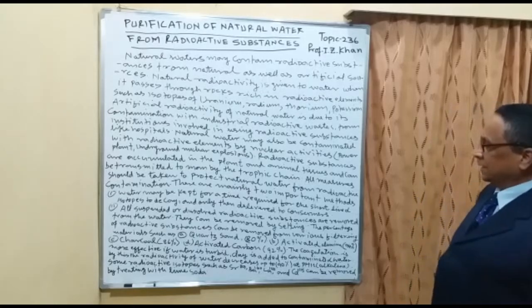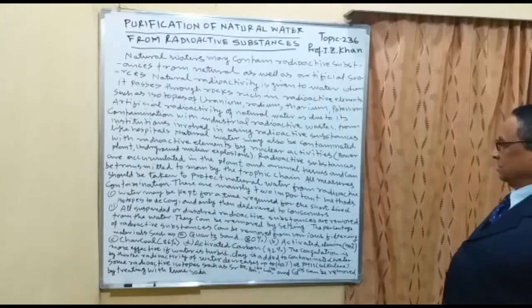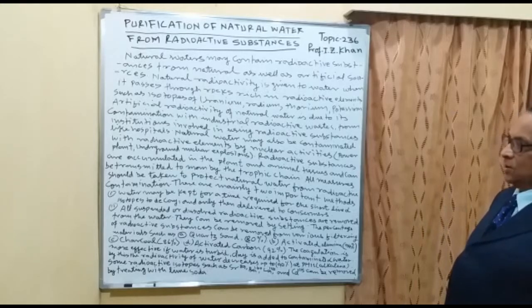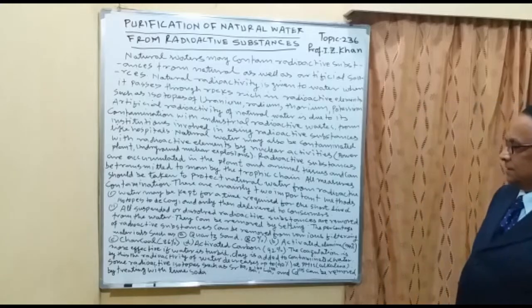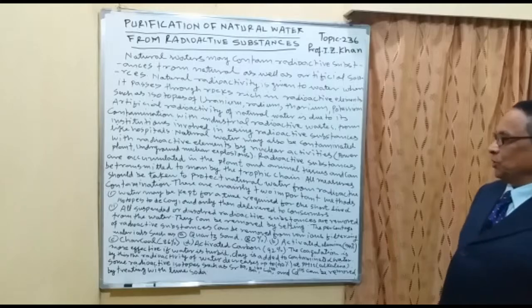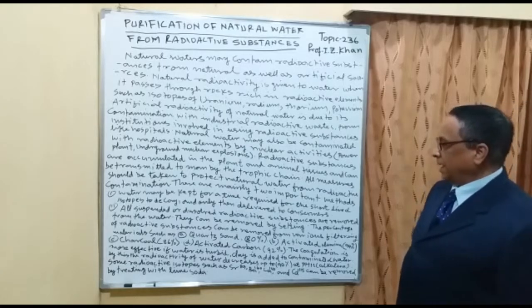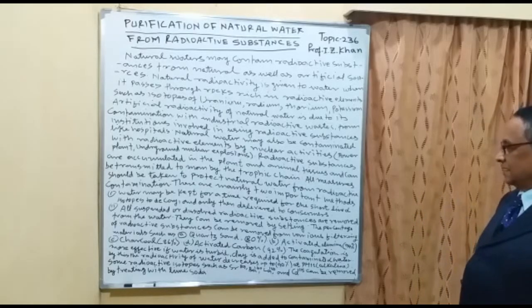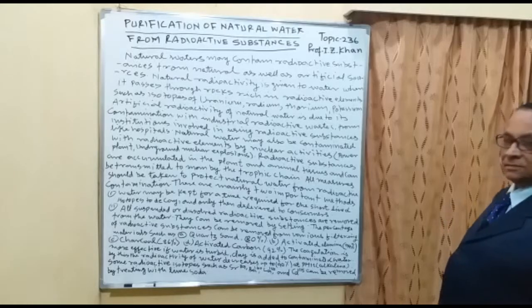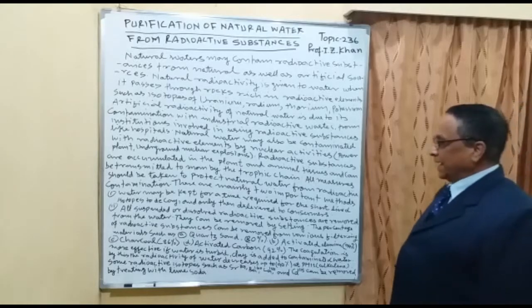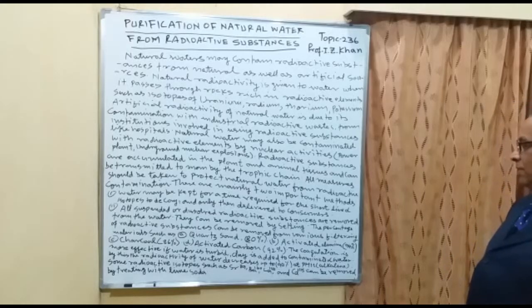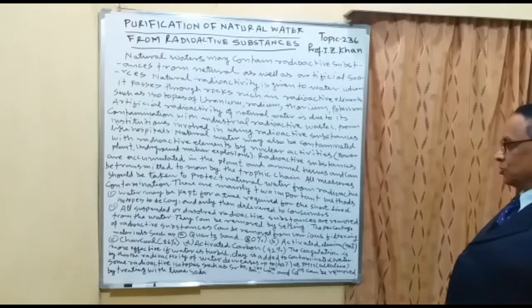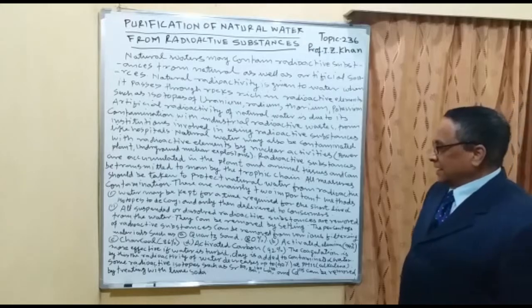There are mainly two important methods. One, as I have already told you, the water may be kept for the time required for the short-lived isotopes to decay and only then delivered to consumers. And number two, all suspended or dissolved radioactive substances are removed from the water.